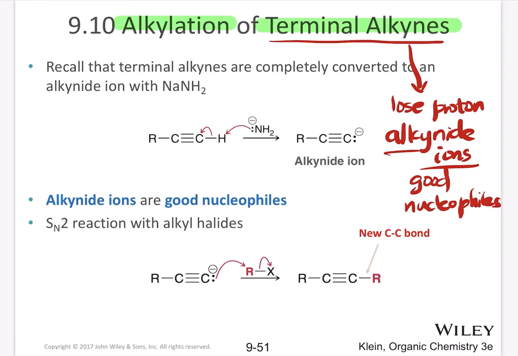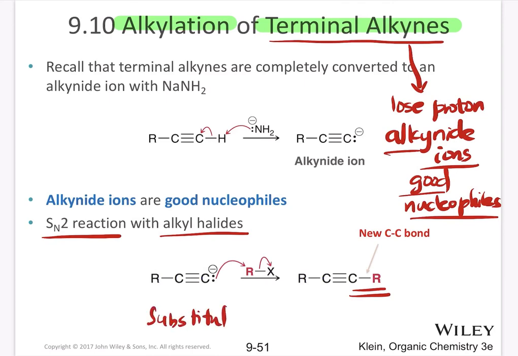Because of their good nucleophilicity, they undergo SN2 reactions with alkyl halides. So this results in a new bond formation in place of the hydrogen. So they undergo a substitution reaction. They substitute hydrogen for a halogen.